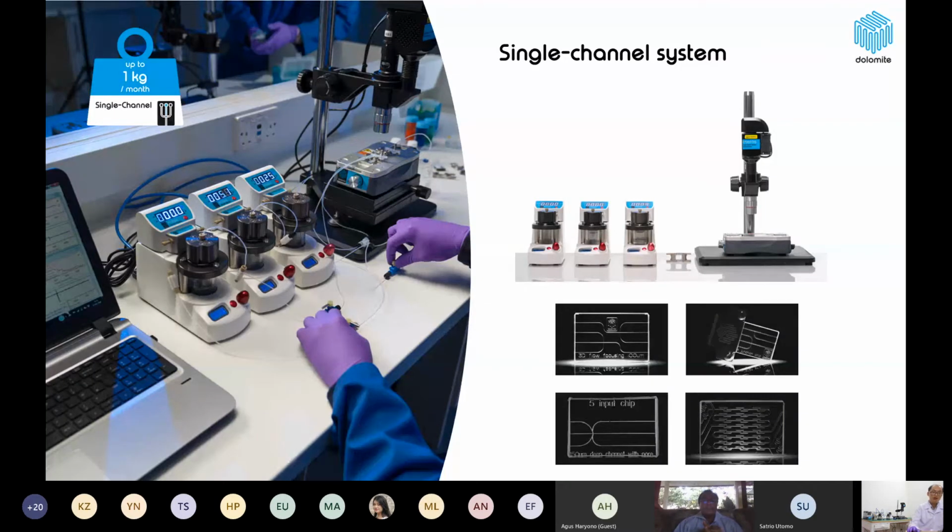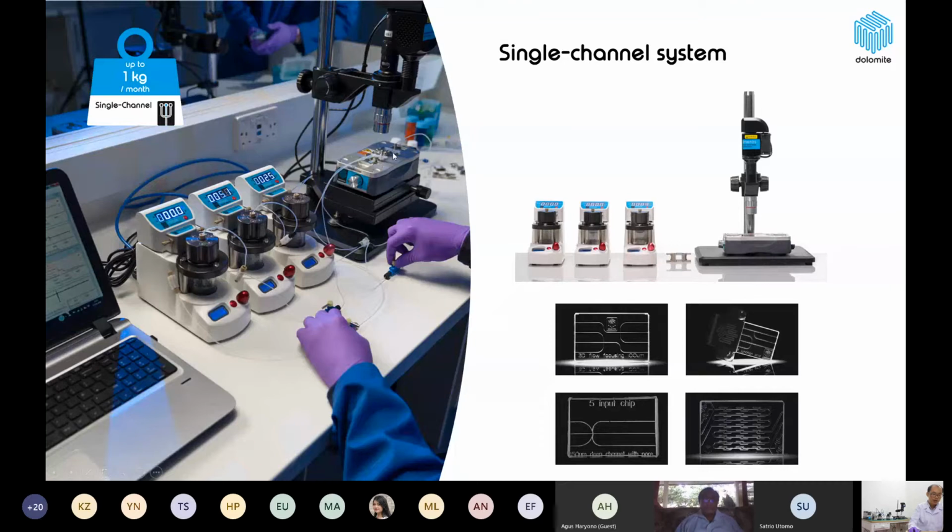So here is showing the single channel system, which basically includes 3 pressure pumps. The first pump is for the continuous phase, the other pump is for the interphase, and the third pump is for flushing or cleaning before and after your reaction. The pumps are connected with the microfluidic chip by tubing and the interface, which we call the edge interface.